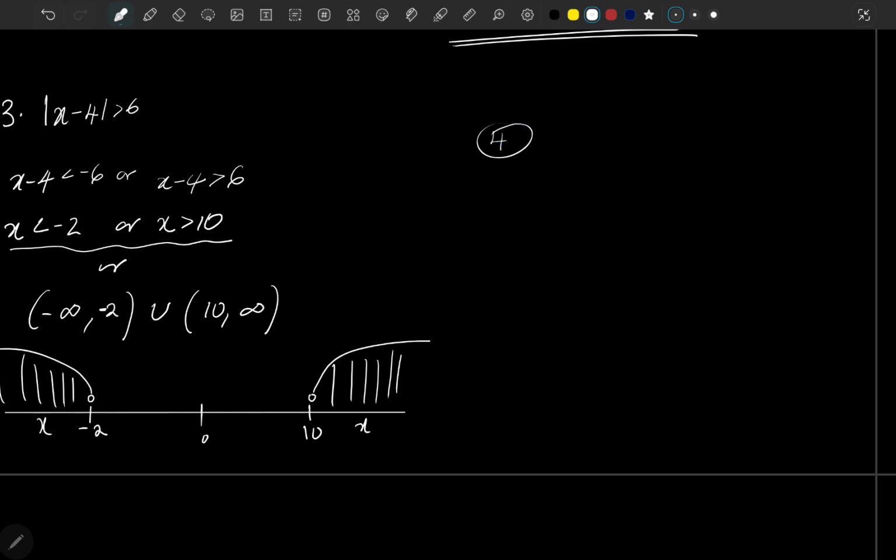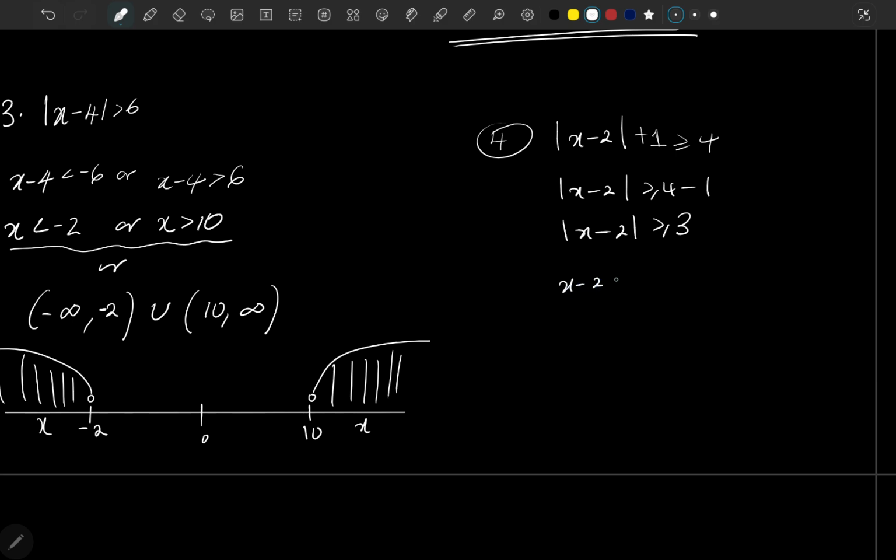The next one: modulus of x minus 2 plus 1 greater than or equal to 4. How do we work this out? We first take the 1 to the other side, so we have modulus of x minus 2 greater than or equal to 3. Then we go back to the way we did it for greater than. Once you see greater than, start thinking of or.